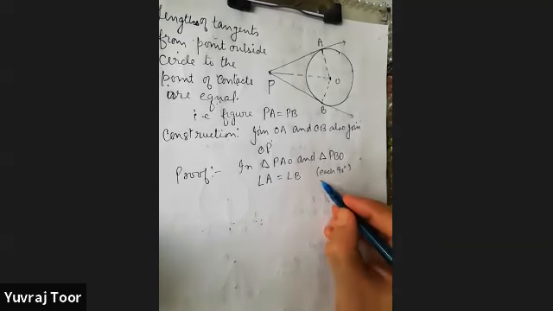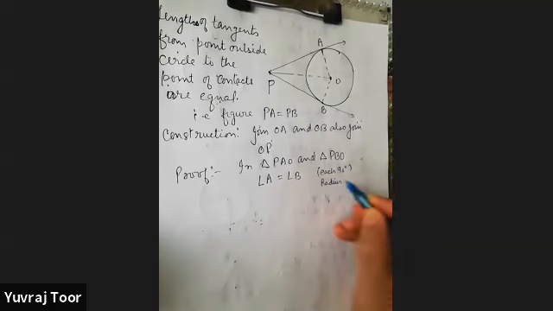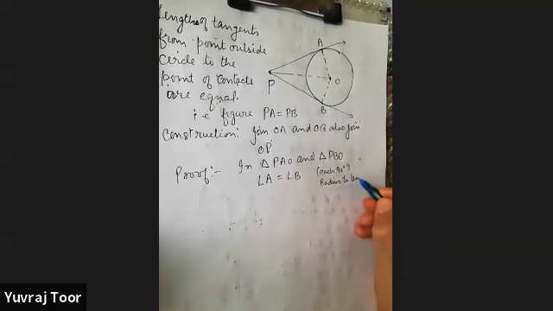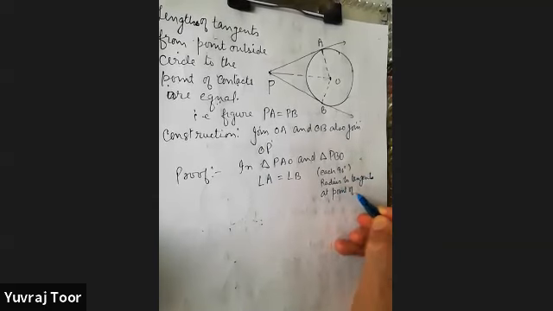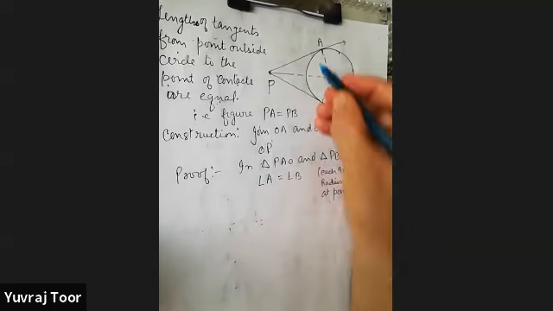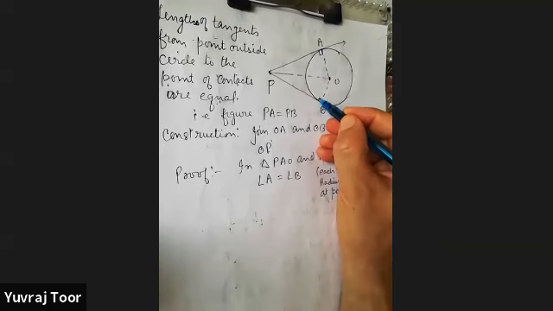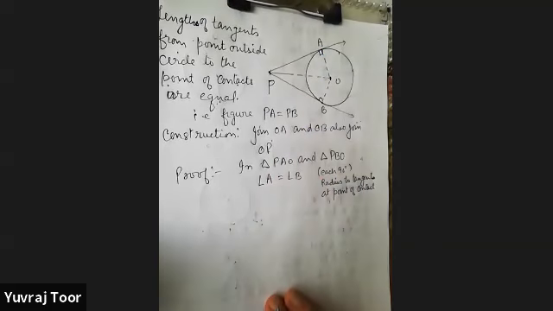But how can we say that? Radius to tangent at point of contact. So they are 90. You can show in this figure, right?